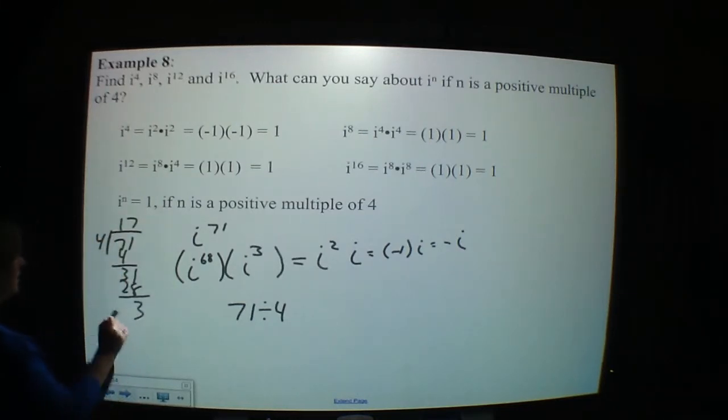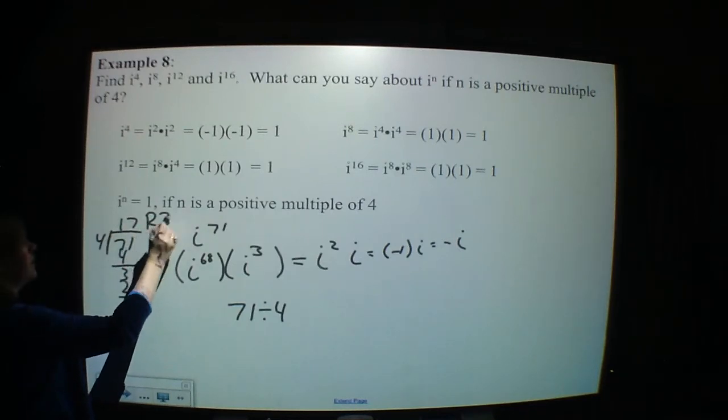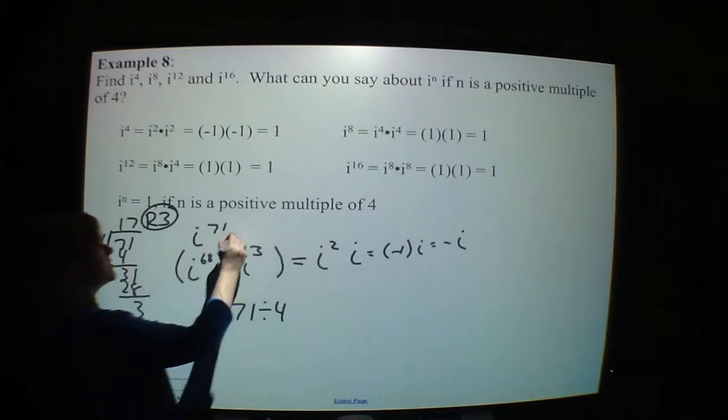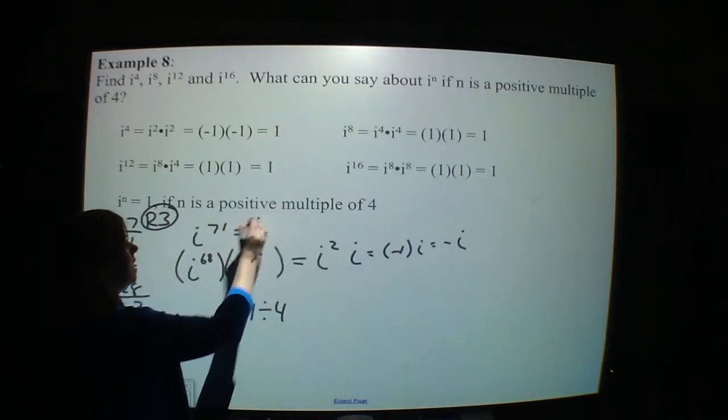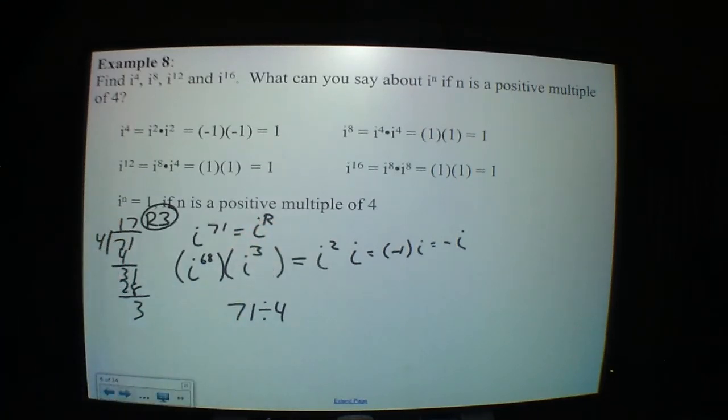Subtract, you get 3. So this gives you 17 with a remainder of 3. i to the 71st always equals i to whatever that remainder is. I'll just call it R, always. So that's a fast way to solve these.